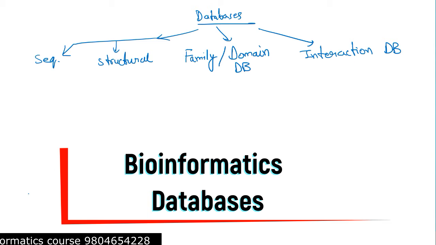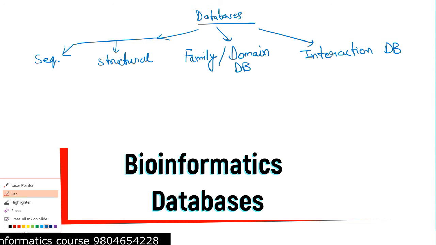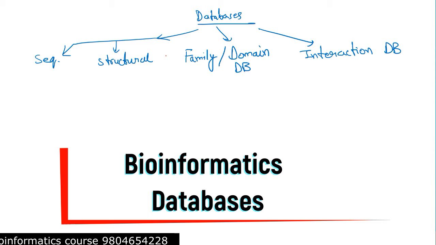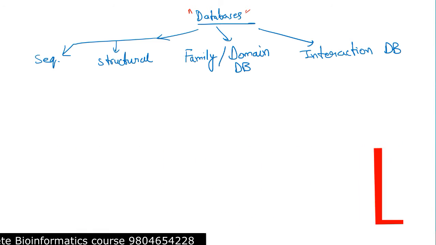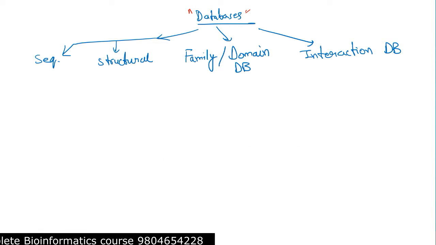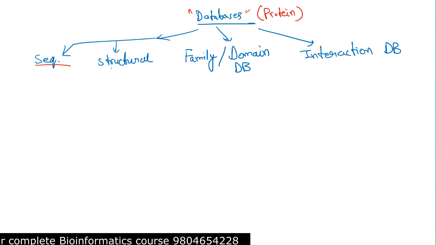Okay, so you can see that throughout this process of lecturing for bioinformatics, I'll use the term database so many times, and I'll classify databases in so many different ways. I'll also sum it up later on, but for now understand this. For a protein database, we have sequence database, structural database.